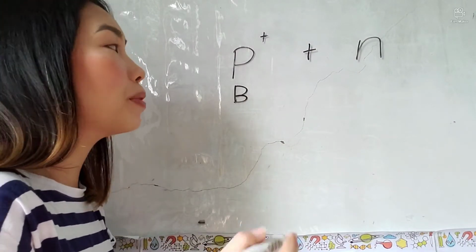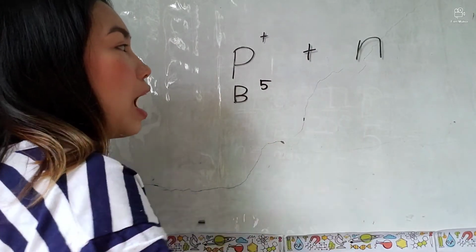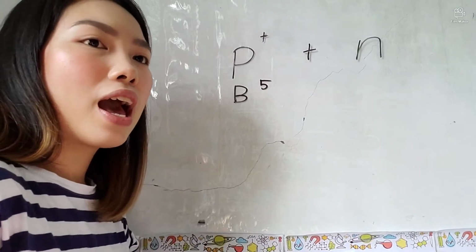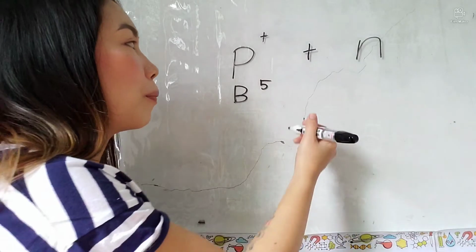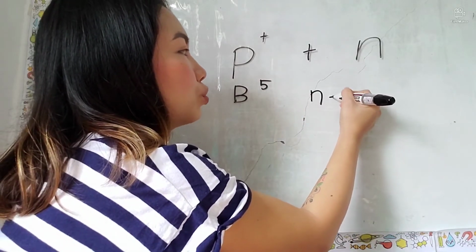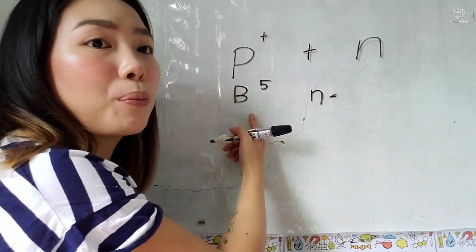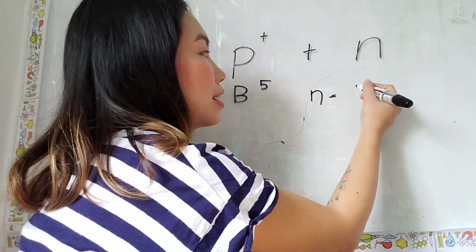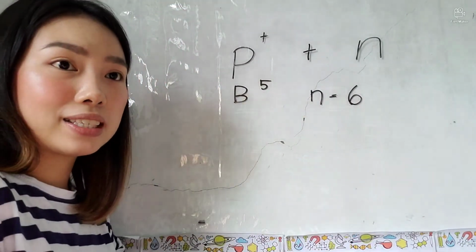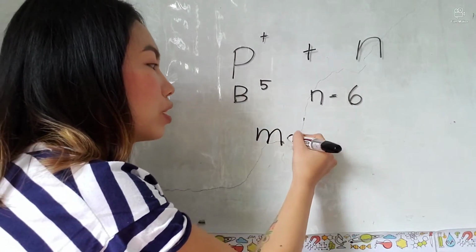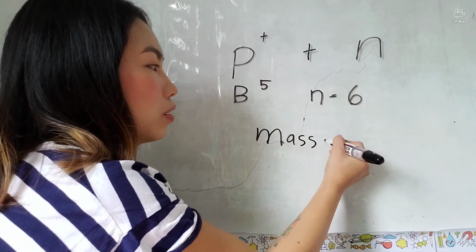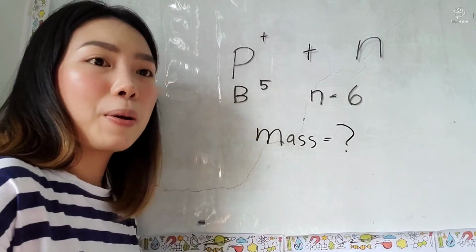Example, gamitin ulit natin si boron. Boron has an atomic number of 5. At, ang sabi, alamin mo daw kung ano yung atomic mass. So, for example, the neutron of boron is 6. So, what will be the value of your mass?